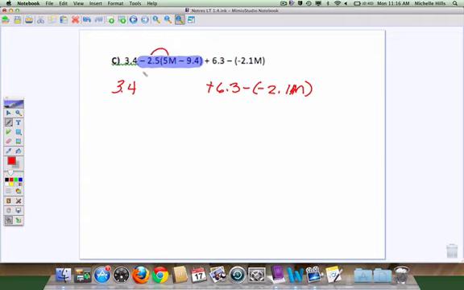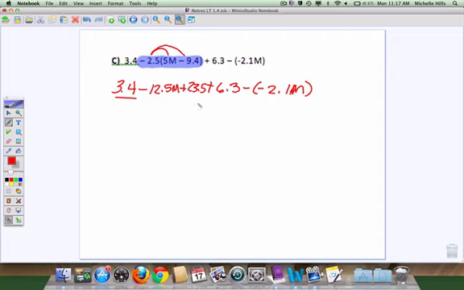Negative 2.5 times a 5m is a negative 12.5, so minus 12.5m. Negative 2.5 times negative 9.4 is a positive 23.5. At this point, I combine my like terms.